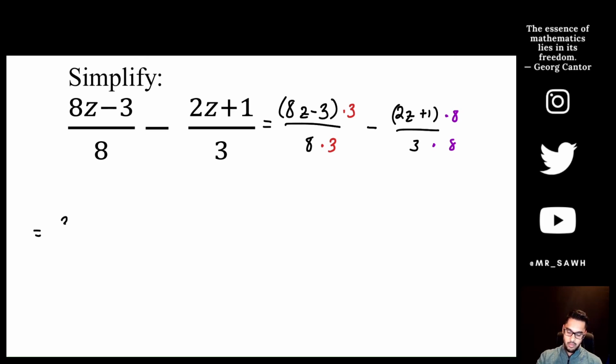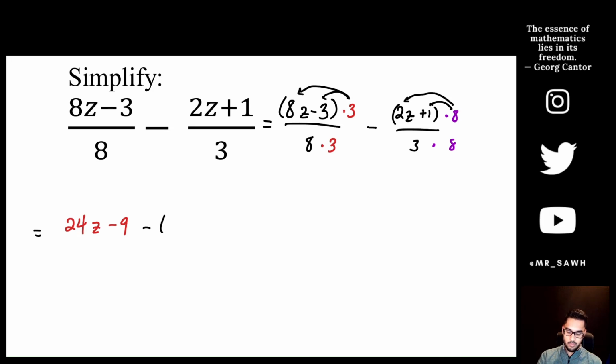So you know what we'll do, we'll actually distribute and multiply here. Because when I multiply each of those fractions, really it's like doing a distributive property. And then I can actually simplify the terms. So we'll end up with, maybe I'll keep it color-coded for now, 24z minus 9. And minus, and then we've got our bracket, because the subtraction sign makes a big difference in terms of negative.